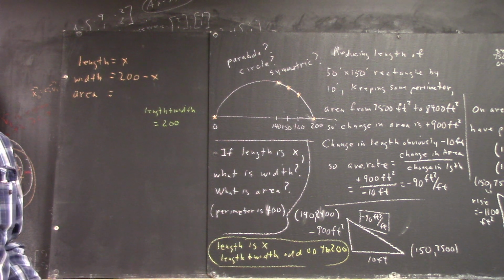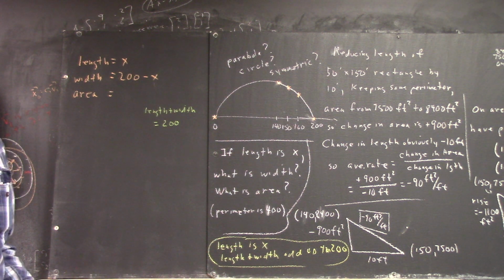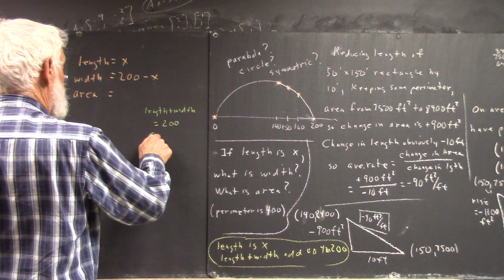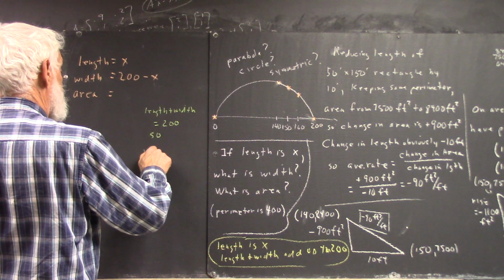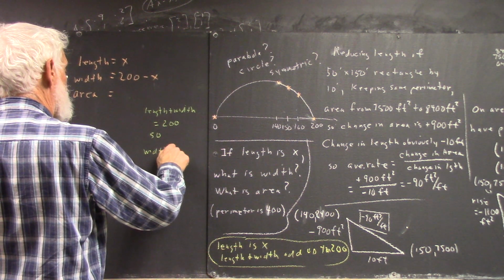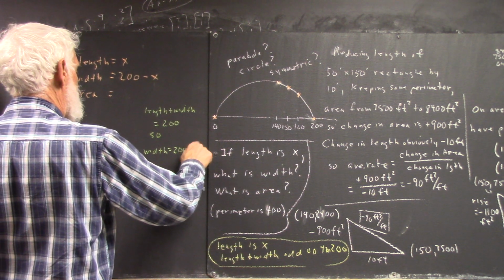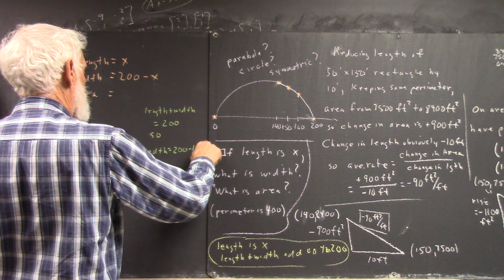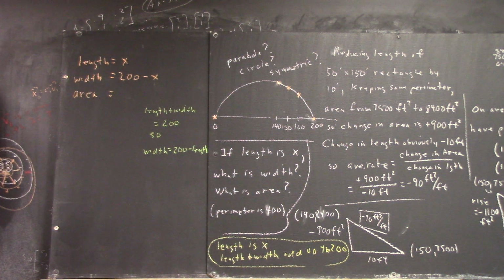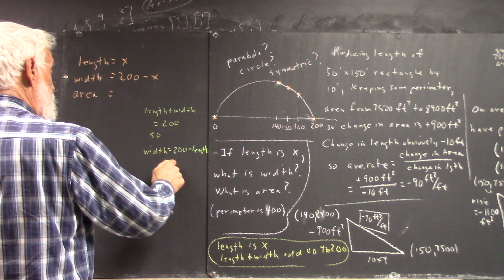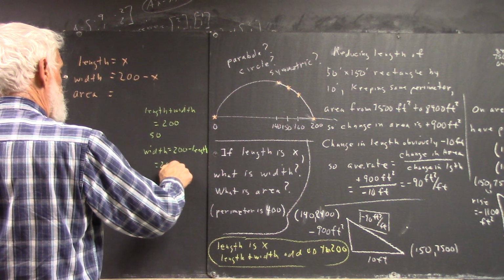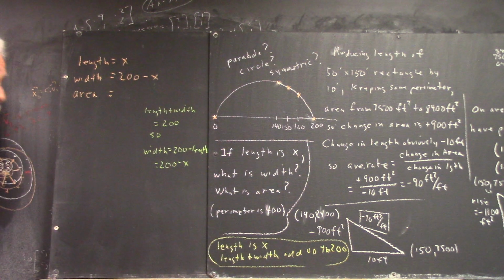Can you solve that for width? Well, everybody can do that. So width is 200 minus length, right? And if the length is x, that's 200 minus x.